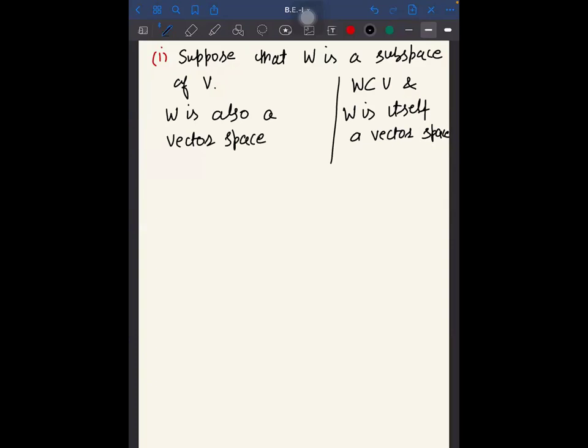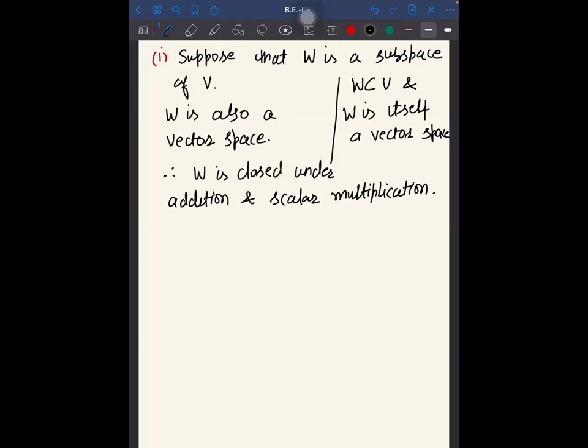Are you with me on this? If W is a vector space, we know that all vector spaces are closed under addition and scalar multiplication. Therefore, by definition of a vector space, W is closed under addition and scalar multiplication. So the first part is really easy, right?